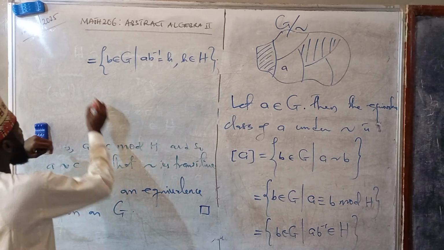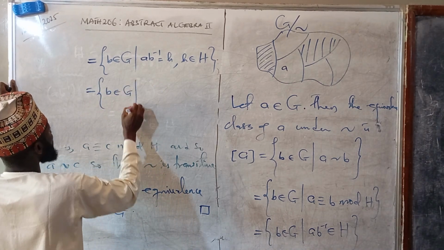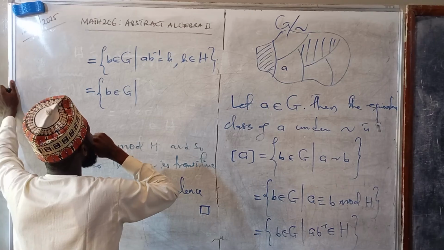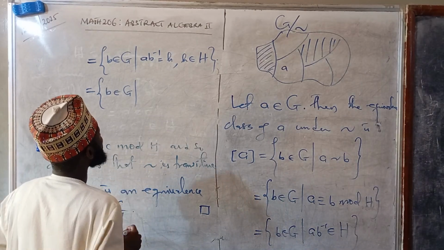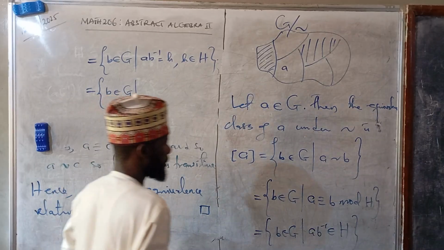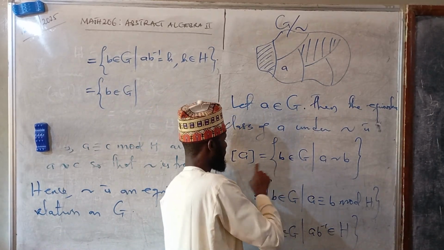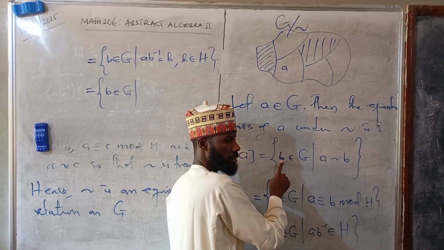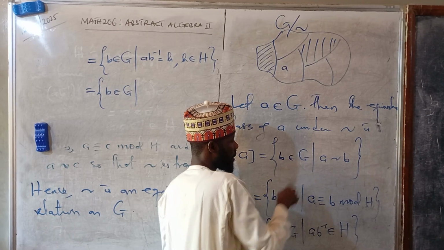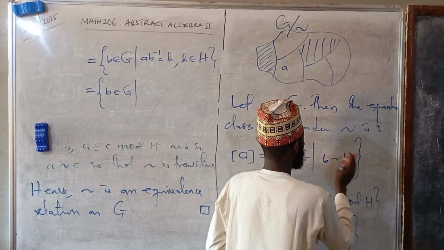And so you are now saying this is the set of all elements B in G such that B is related to A. I think if I write it like this, there is no problem.